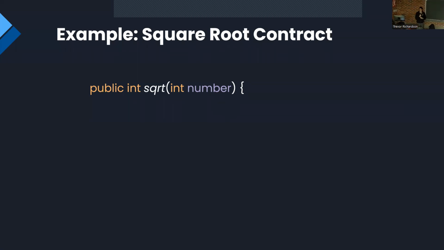There we go. So 0 would be okay, it takes the square root of 0, so 0. So we can say it cannot be negative. And so this is the primary precondition here, right? It needs to be greater than or equal to 0.